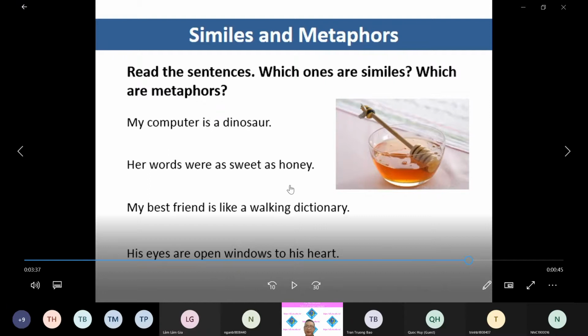I'm okay. So now, the first one, is it a simile or a metaphor? My computer is a dinosaur. Metaphor. You sure? So all of you try to figure out the 4 questions, which is simile, which is metaphor, please.